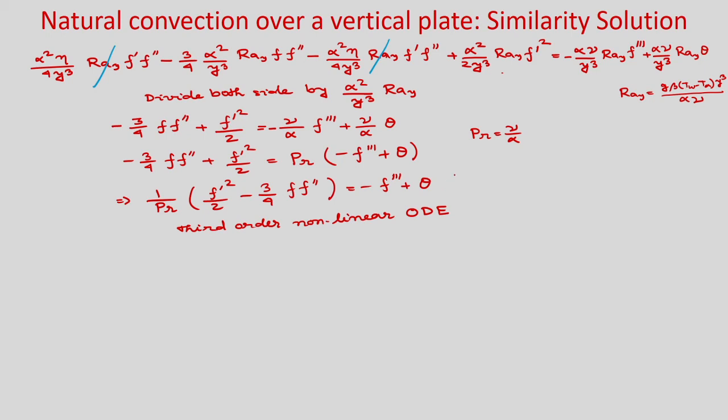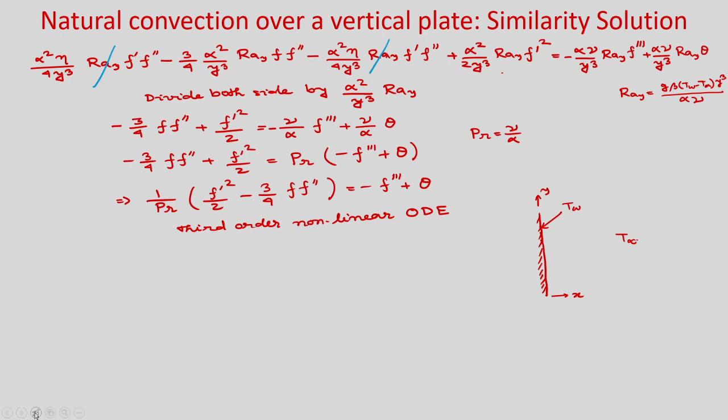Okay. So, what are the boundary conditions now? So, for a vertical plate, if you see, so this is your x, this is your y, right, and ambient you have T infinity and this is your T w, which is uniform.